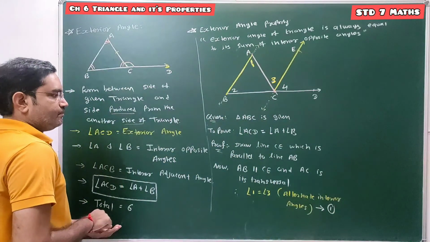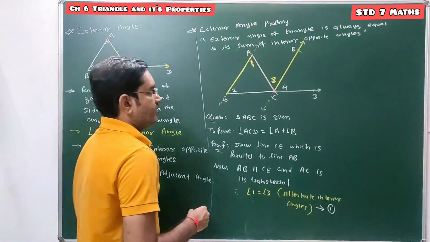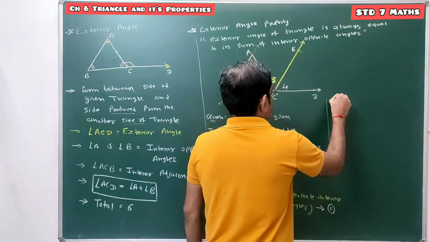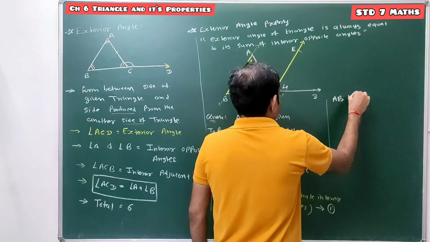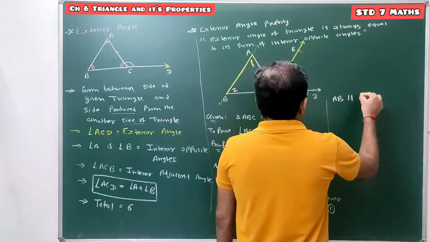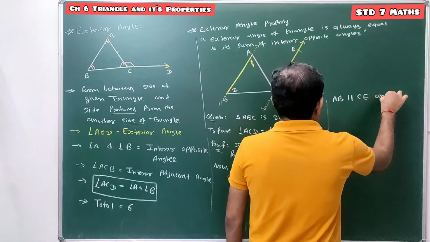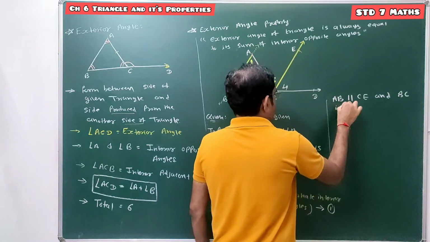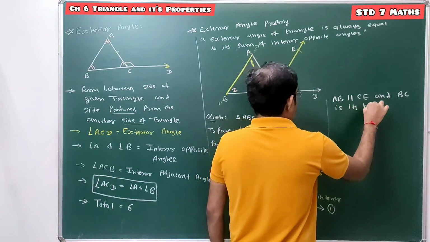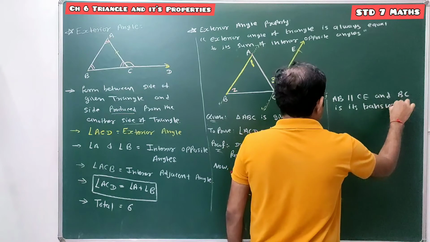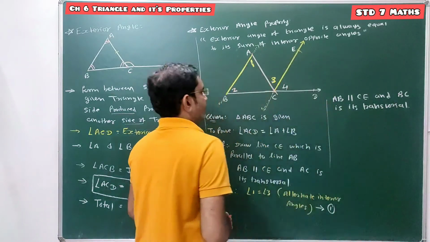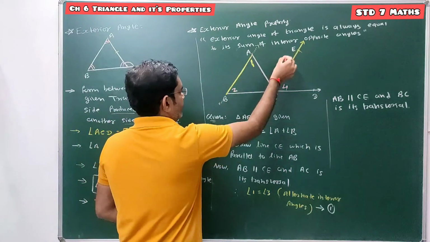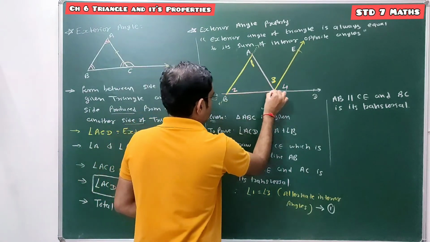Now in the same way we can say that AB is parallel to CE, and line BC is its transversal. Line BC is the transversal. AB is parallel to CE, and this one is the transversal.